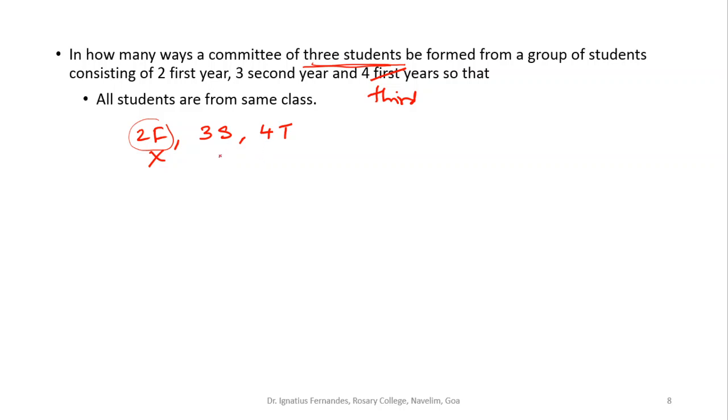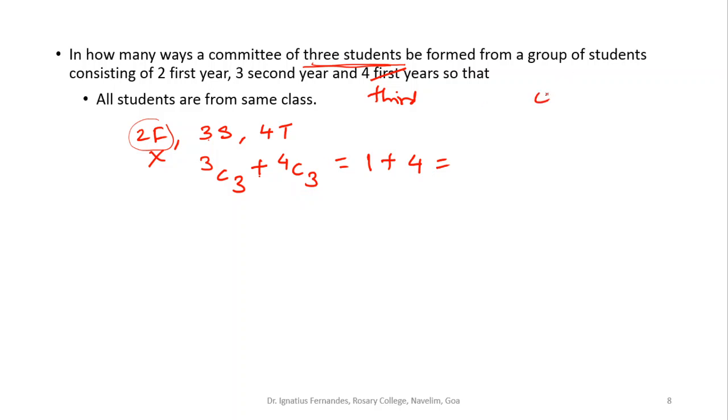So these 3 students should either come from the second year or from the third year. So I select these 3 second year students, 3C3, or 3 students from the third year. I'm using "or" here, so I'm adding. So 3C3, nCn, is 1, plus 4C3, which is like nC(n minus 1), which is 4.